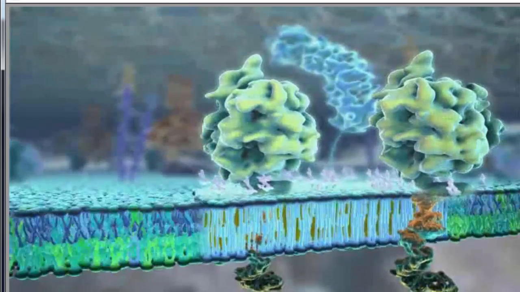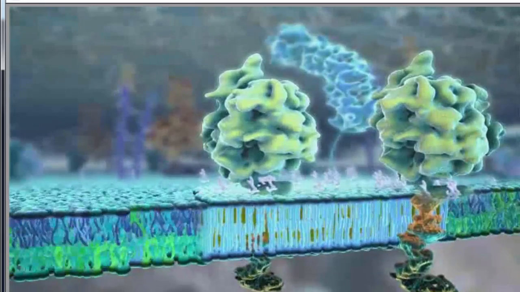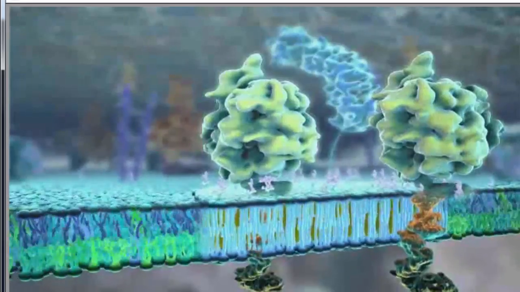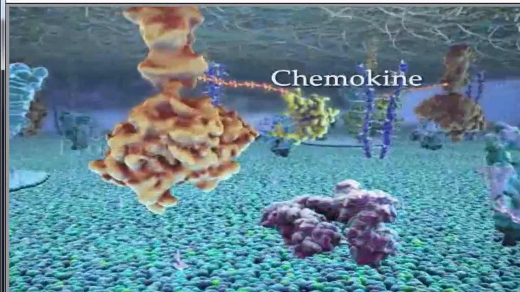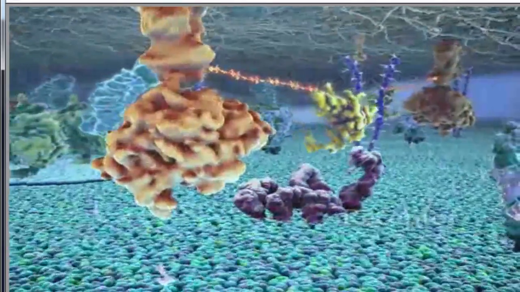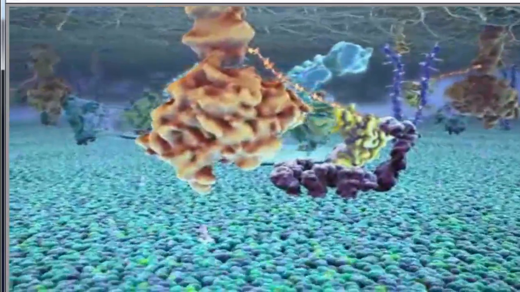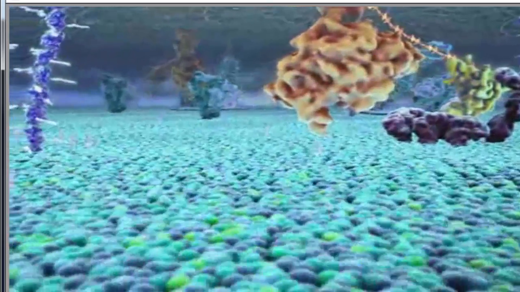Outside the rafts, kinks in unsaturated hydrocarbon chains and lower cholesterol concentration result in increased fluidity. At sites of inflammation, secreted chemokines bound to heparin sulfate proteoglycan on endothelial cells are presented to leukocyte 7 transmembrane receptors. The binding stimulates leukocytes and triggers an intracellular cascade of signaling reactions.